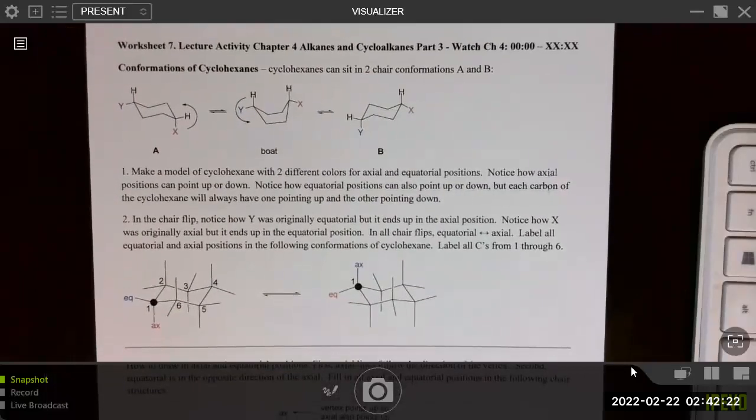So we are going to be looking at chair conformations, which are conformations of cyclohexane derivatives.